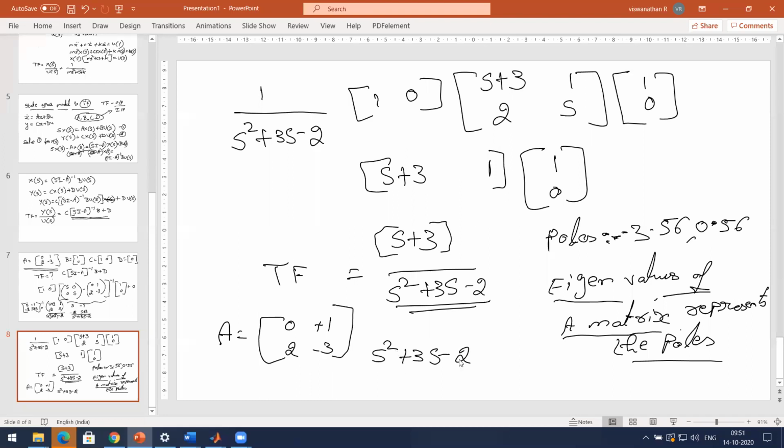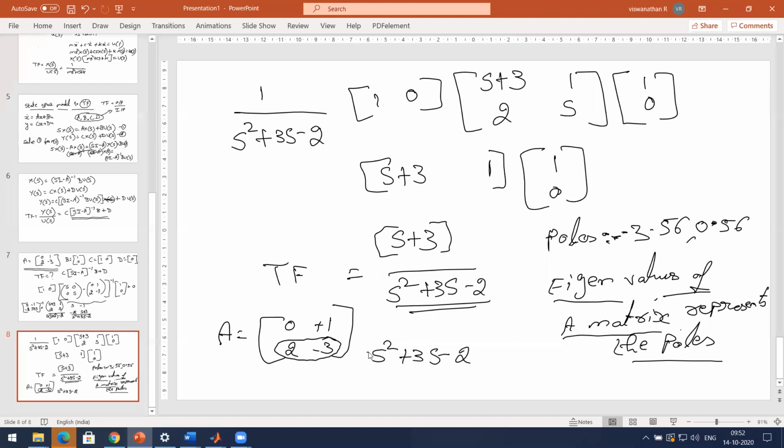So s square plus 3s minus 2 you get from this bottom row. This is another way of finding the denominator of the transfer function. What is the coefficient of s square? It will be 1.